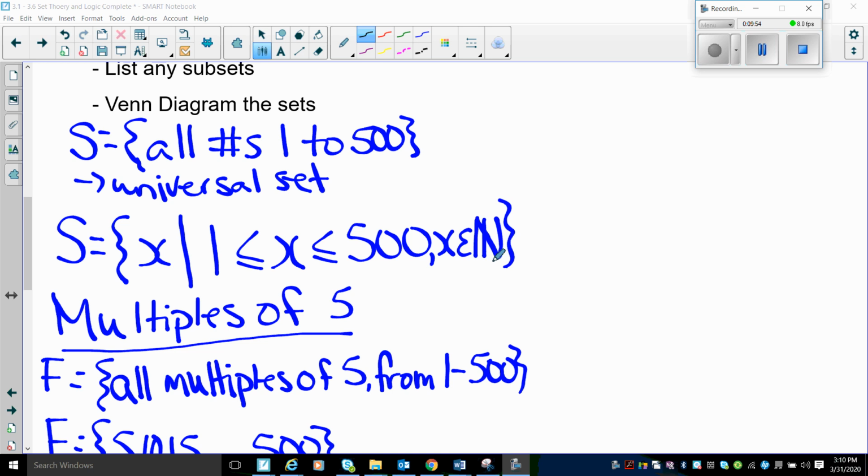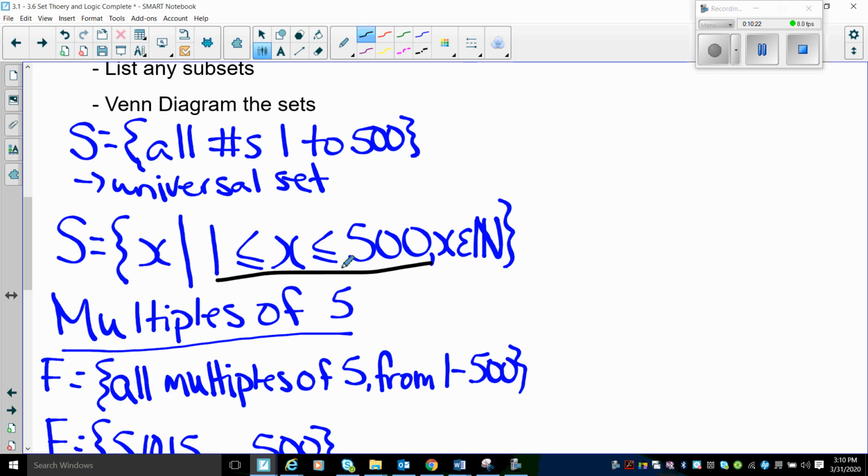So basically natural numbers are 0 and higher. But the main part of this is I'm saying any number that I pick, x, is in between 1 and 500. I can do this instead of writing out 1, 2, 3, all the way to 500. So I can shorten it this way and just say, choose any number x such that x is in between 1 and 500.